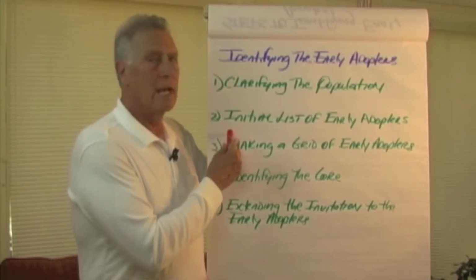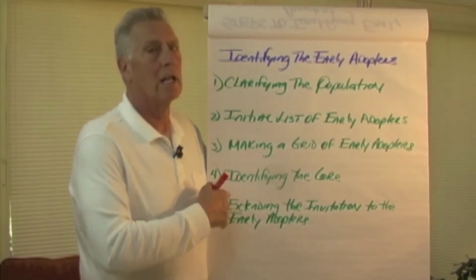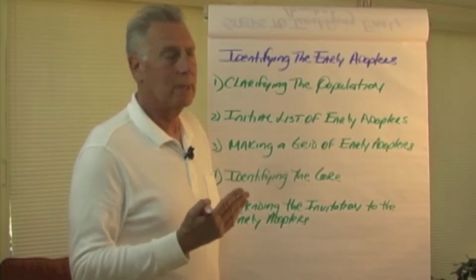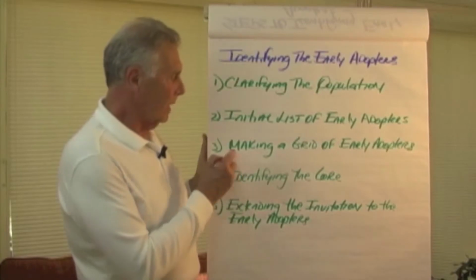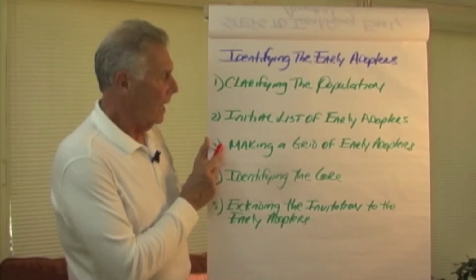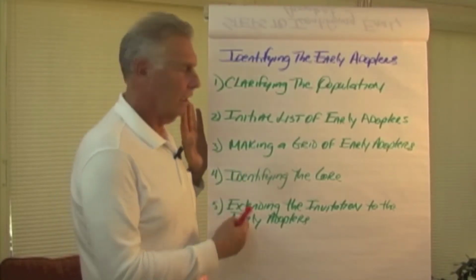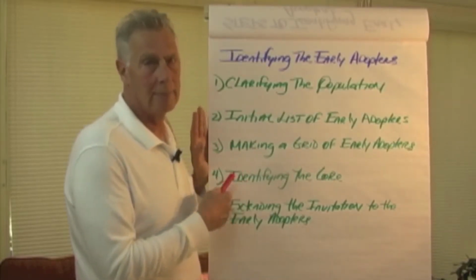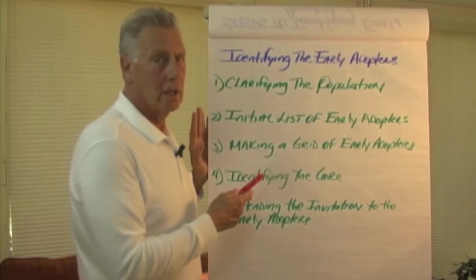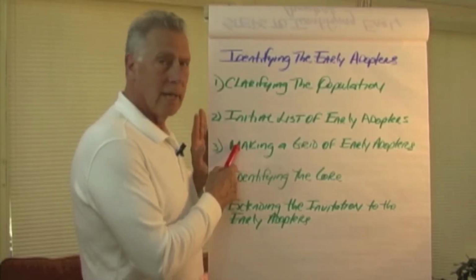So that group goes out and they identify a much larger group of people. That information is then collected, and you make a large grid of all of the literal people who have been identified. There'll be lots of overlaps, and you're hoping for lots of overlaps of people. So you make that initial grid.